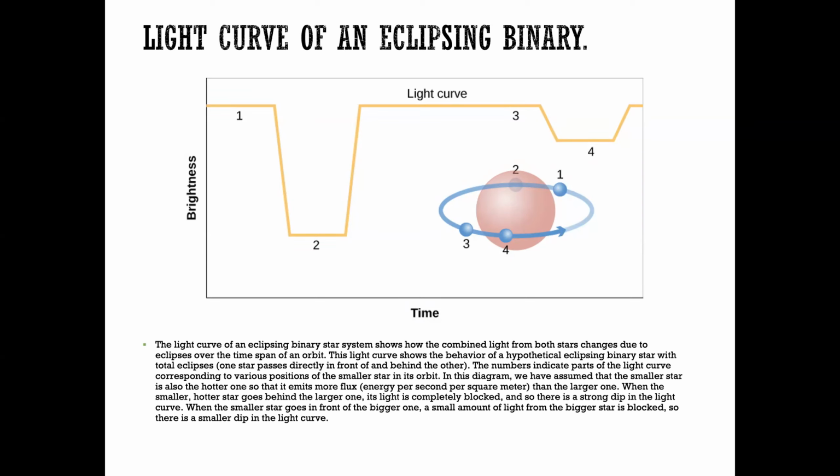That's the radius, which means the size of the star, and the second one is temperature, right? What you need to figure out is which one is more important. What you have decided here is that the size is more important.